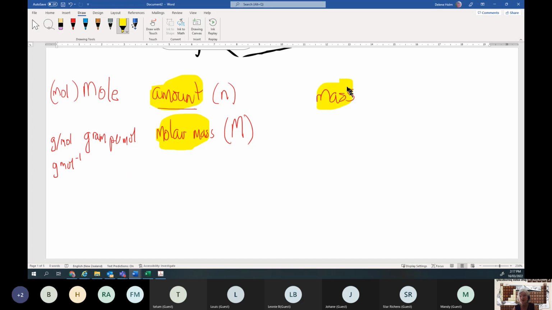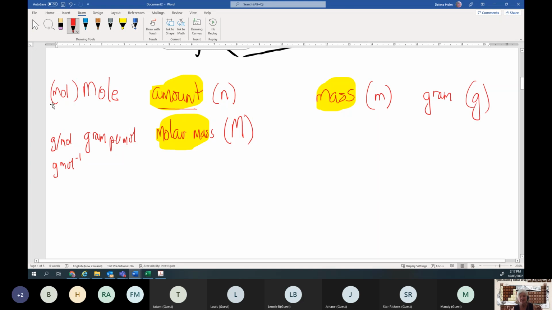If I ask you to calculate the mass, then the symbol for mass is small m. And we measure mass not in kilograms, which is the standard form if you're doing physics, but in gram. The abbreviation for gram is g. So make sure you spend time learning that.